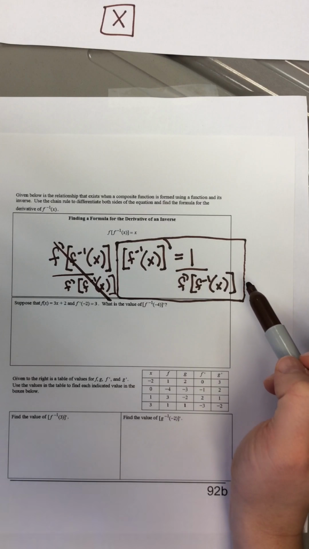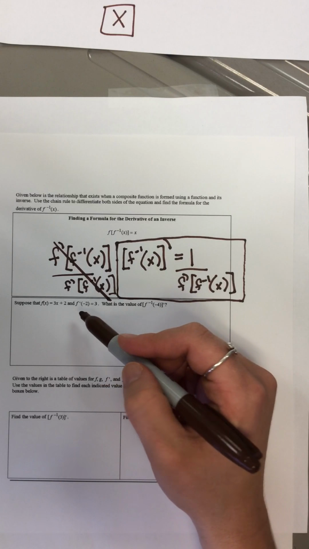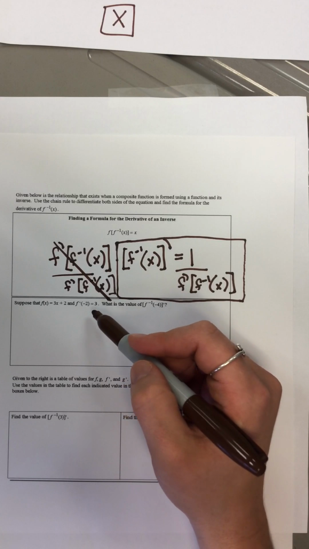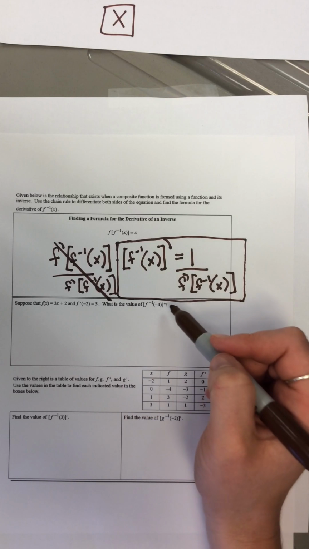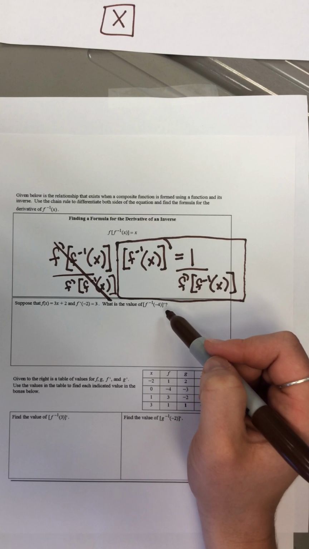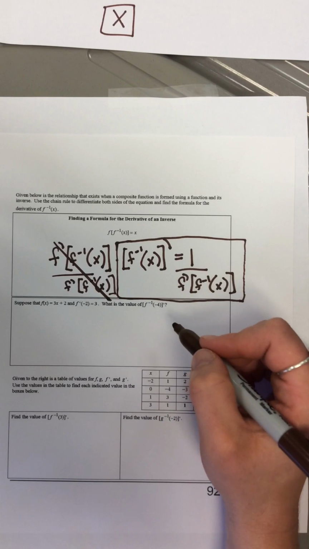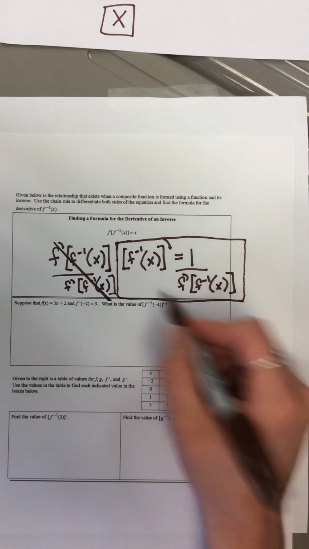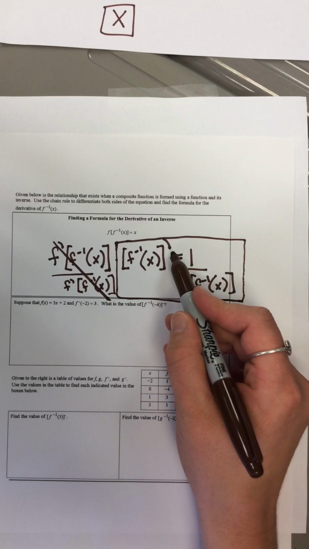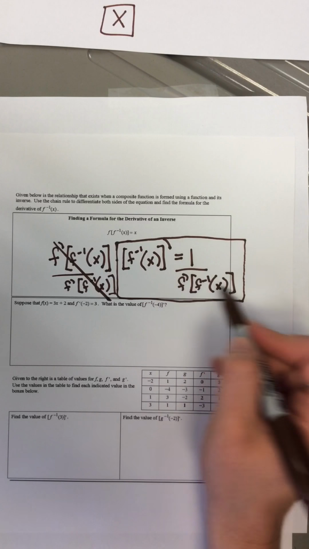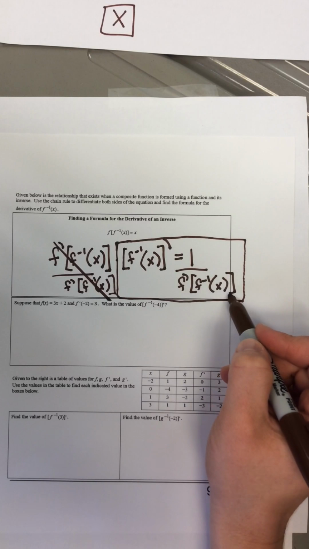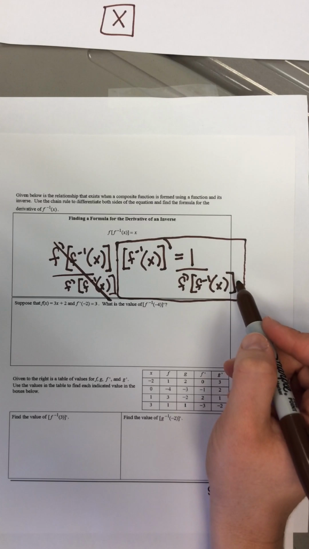Okay, so in this problem, this one's saying f of x is equal to 3x plus 2. It says f prime of negative 2 is 3, and what is the value of the derivative of f inverse at negative 4? So it says up here that I know f inverse is this thing, and then I'm taking the derivative. So the derivative of f inverse is 1 over f prime of f inverse of x. I'm using this as a formula now.